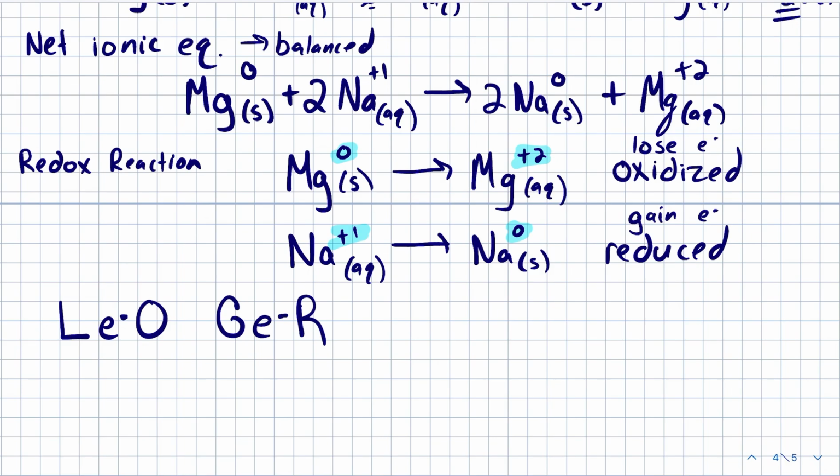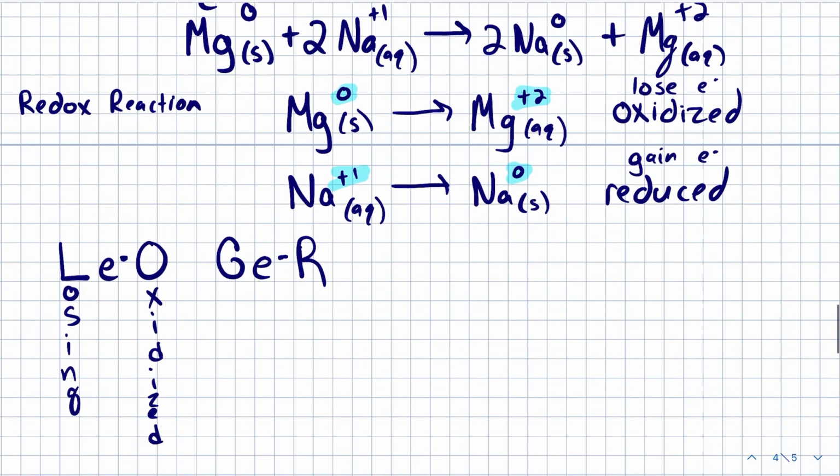And so LEO: losing electrons is oxidized, and GER: gaining electrons is reduced. So lose electrons, oxidized; gain electrons, reduced.